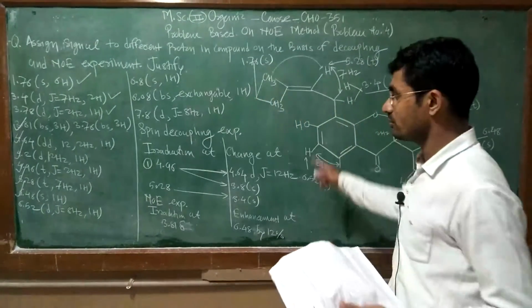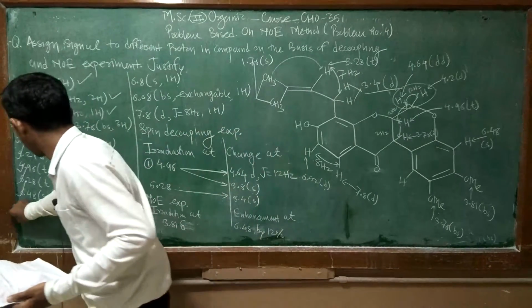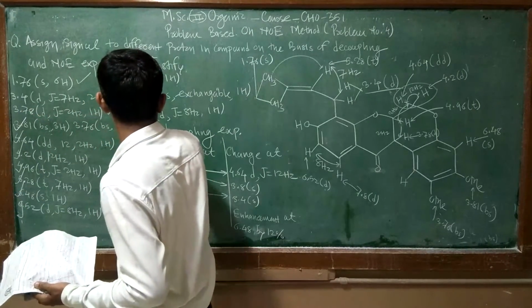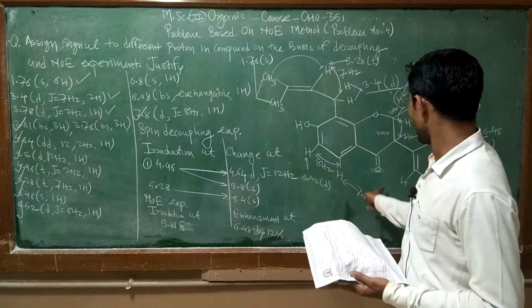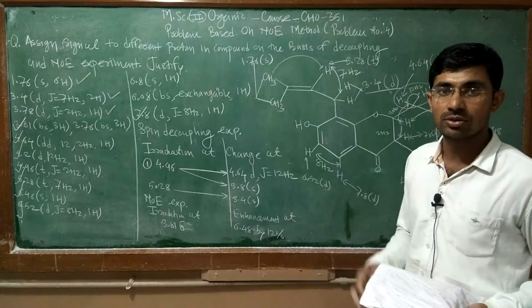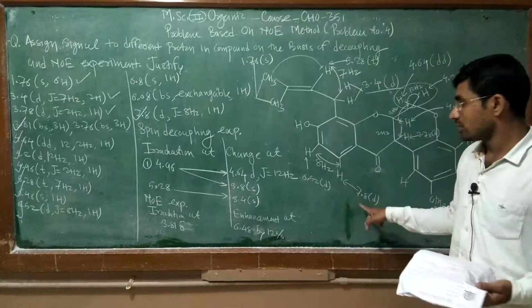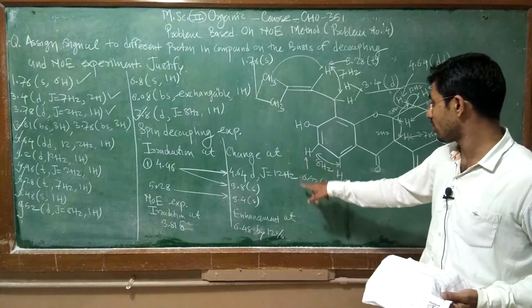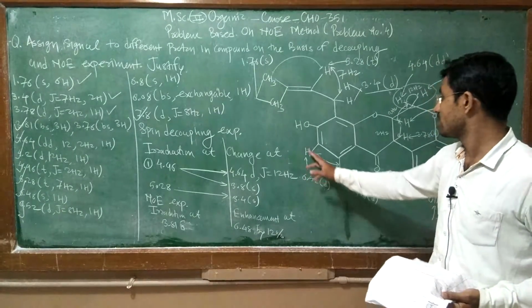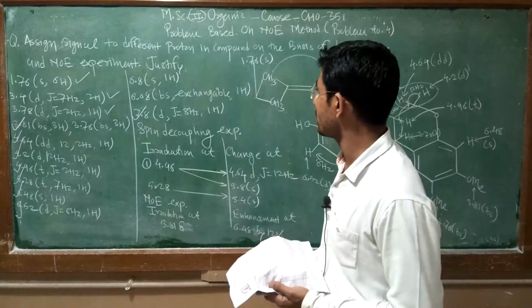These two protons are coupled to each other with 8 hertz, 6.58 and 7.8. Because of the carbonyl attachment, the diamagnetic anisotropic effect of the carbonyl group gives the downfield value for this 7.8 doublet, and for this one we observe 6.58. So in this way we can assign the signals to these two protons.